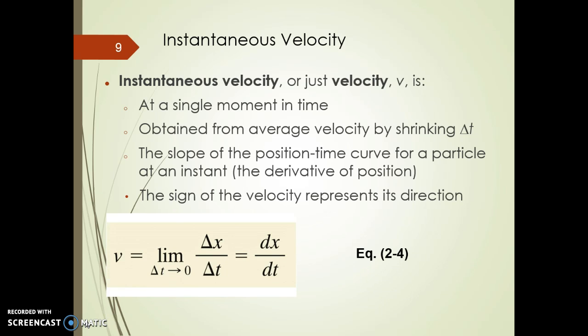So velocity, sometimes referred to as instantaneous velocity, is just the derivative of your displacement vector or your position vector with respect to time. To bring back the good old days of Calculus 1, that means the velocity is the slope of the position versus time graph at a single point, which is something we'll investigate in our next lab.